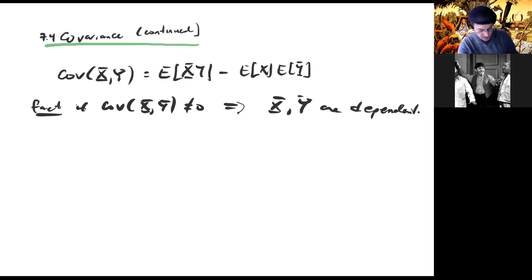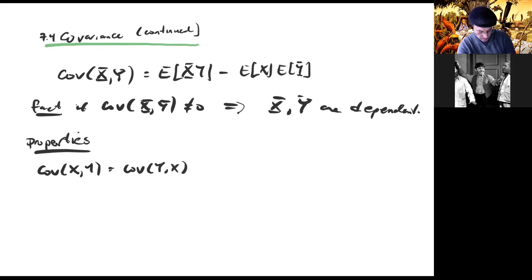Okay, so there are additional properties of covariance, which I listed last time. So let me list them again. Property one is that the covariance of x and y is symmetrical in the variables x and y. Property two is that if I take the covariance of x with itself, I get by definition the variance of x.